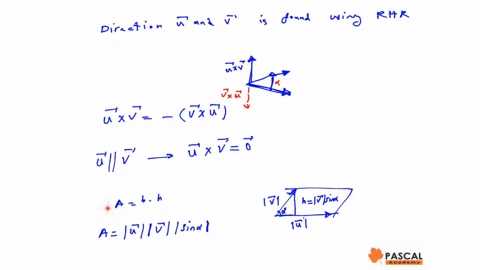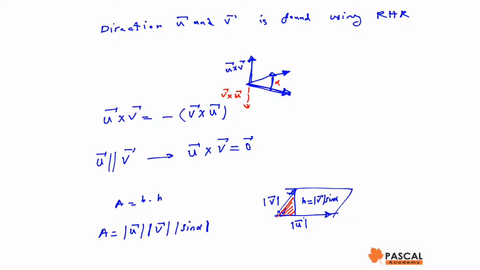We know area of a parallelogram is base times height. If we assume one side is on vector U and the other one is vector V, then base would be size of U and height would be size of V sine of alpha, if we use definition of sine in this triangle.